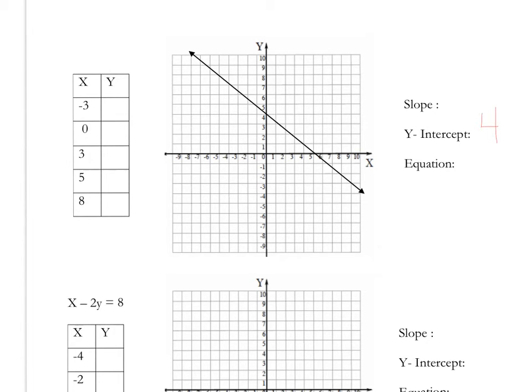Now, looking at the graph, it's going down. This is a negative slope, so I know my slope's going to be negative. Okay? And what I'm going to do is pick 2 points. I'm going to pick my y-intercept, that's (0, 4). And I'm also going to pick (-5, 8).